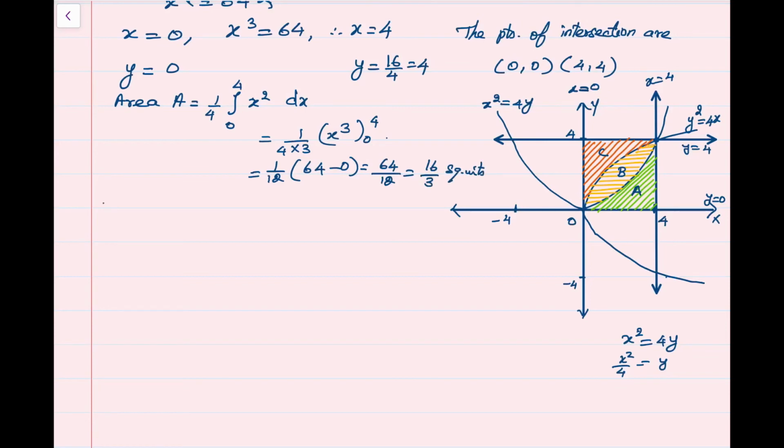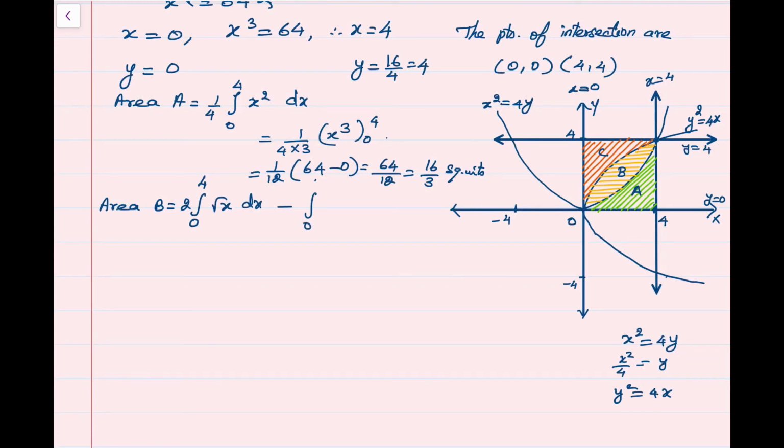Let us calculate area B. Area B is between two curves. We have to do upper curve minus lower curve. Integral. The limits are 0 to 4 with respect to x. 0 to 4 of upper curve is y square equal to 4x. So y will be 2 root x dx minus the lower curve.